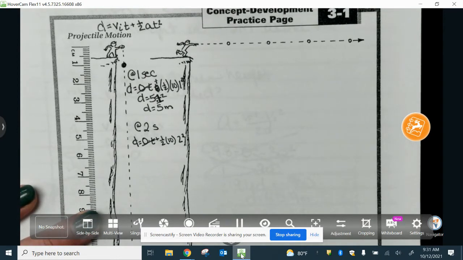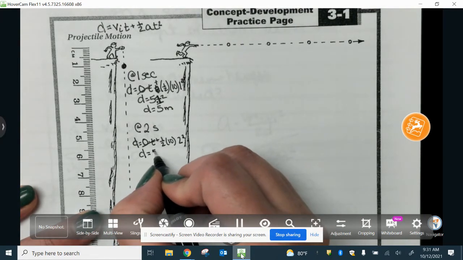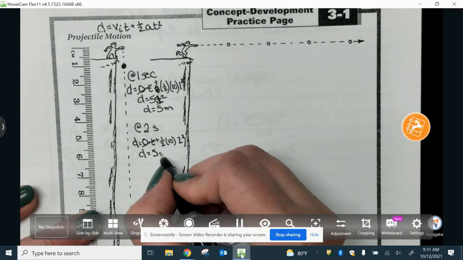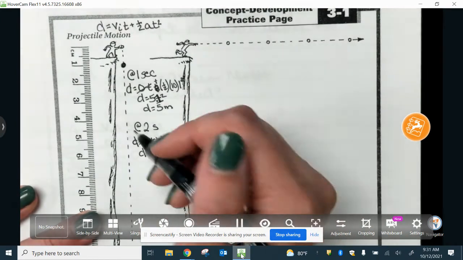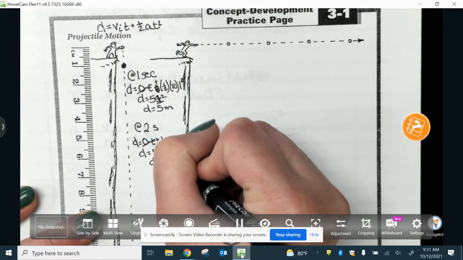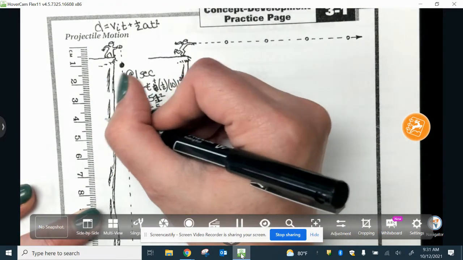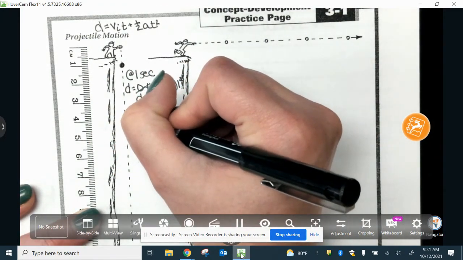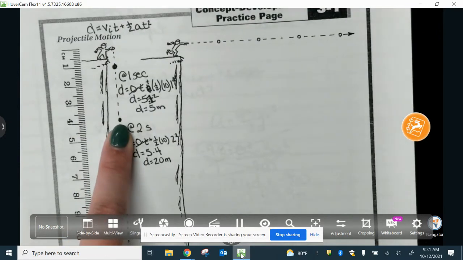Plus 1/2 of 10 times 2 squared. So my distance is going to be 1/2 of 10 is 5, 2 squared is 4, so it'd be 5 times 4. My distance is 20 meters, which on my scale, because 5 meters is 1 centimeter, is going to end up at the 4 centimeter mark. So at 2 seconds, it's fallen this far.